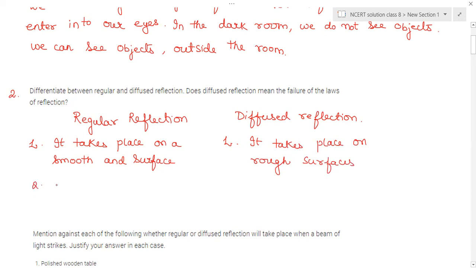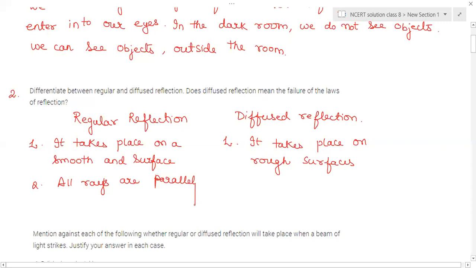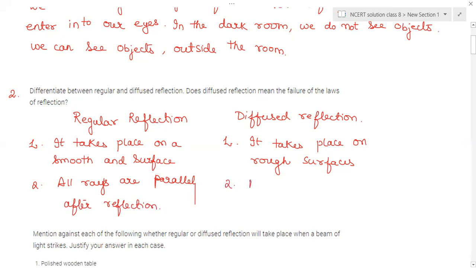Second, here all rays are parallel after reflection. Here, all rays are not parallel. Reflected rays are in different directions.